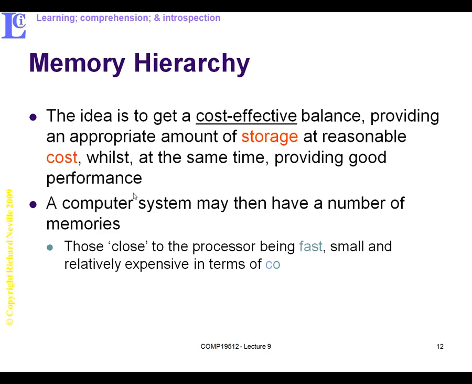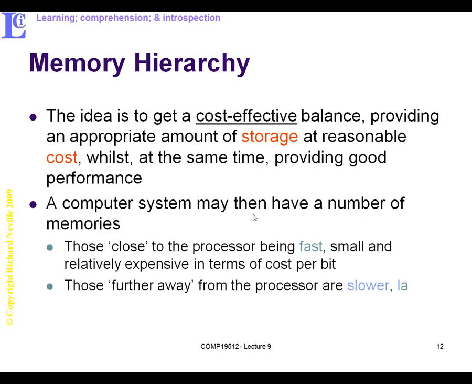So we have a number of memories, and this hierarchy is related importantly to this concept of closeness. The closer the memory to the processor, the faster it normally is. So now you're getting a visualization in your mind, which you'll see in a diagram in a minute, of this idea of a processor. Then right next to it is the primary memory. Then a bit further away is the secondary memory.